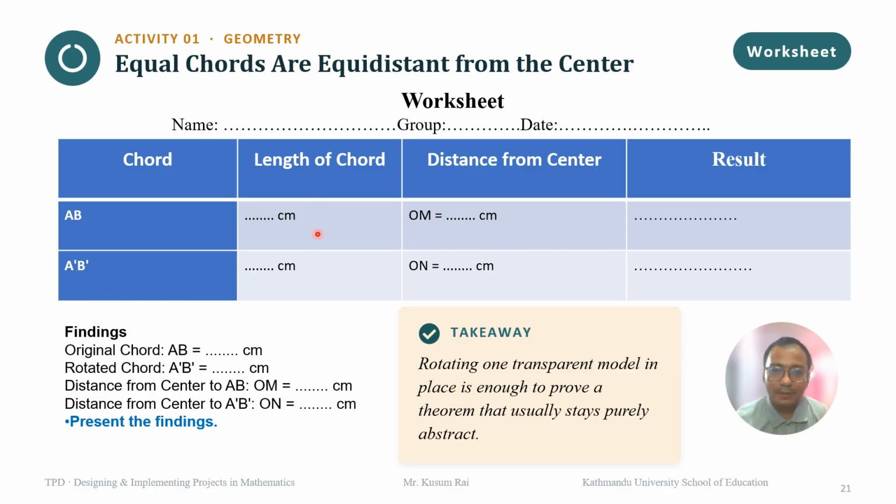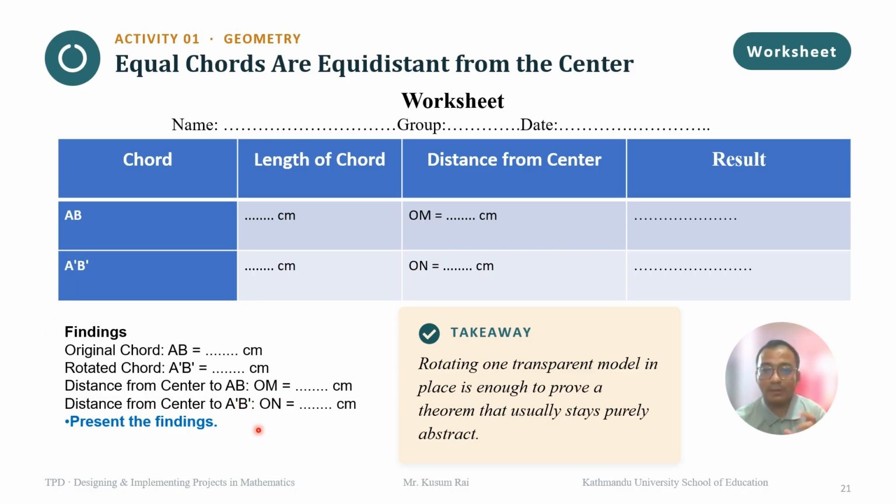In this way, the distances from the center, OM and ON, can be measured and recorded over here. As a result, obviously the distances OM and ON are equal, or equidistant from the center. All the findings can be recorded over here.